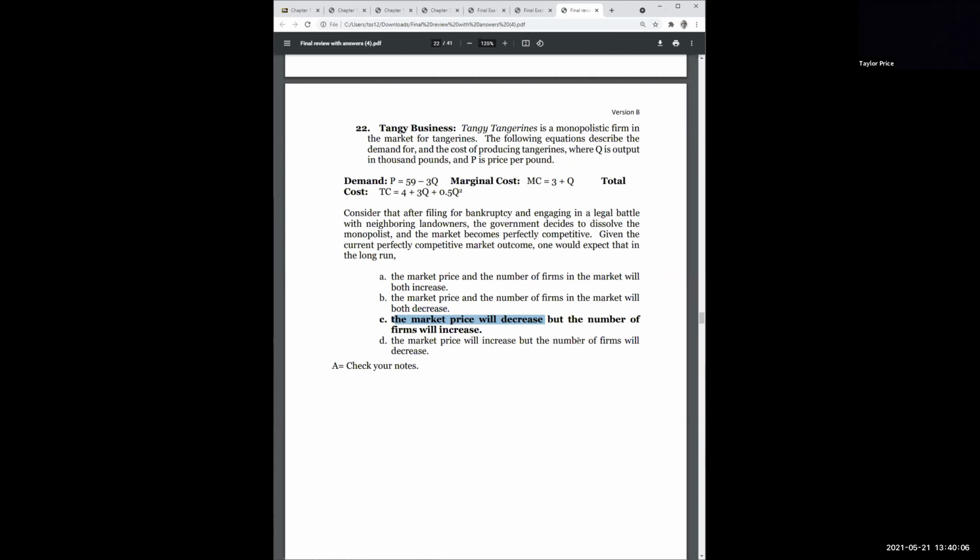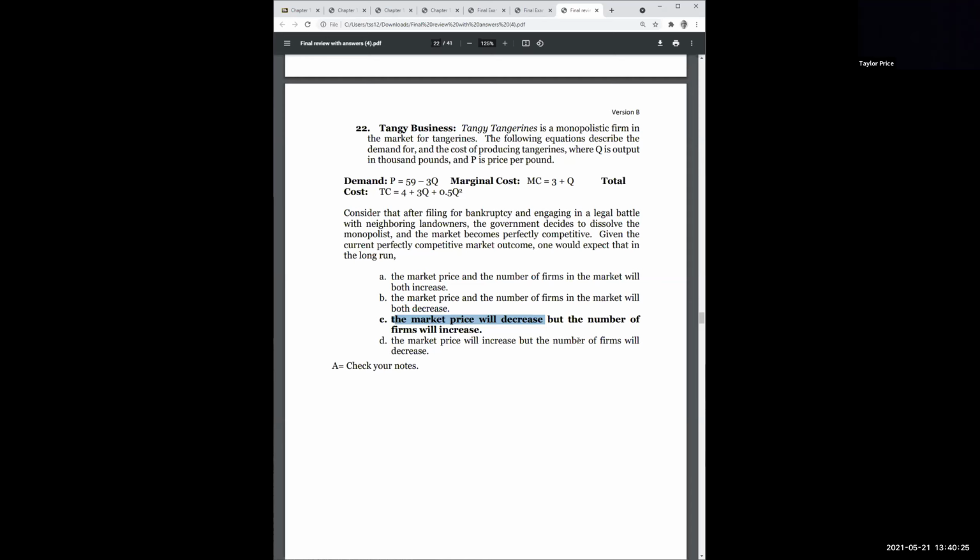So, do monopolistically competitive and monopoly markets have more or less firms than perfect competition? And so you know that for perfect competition, they always have the maximum number of firms.